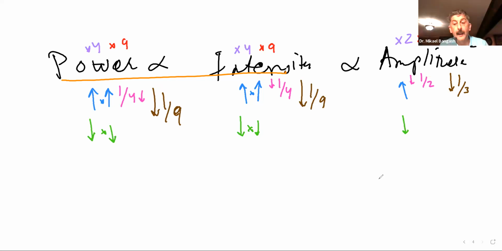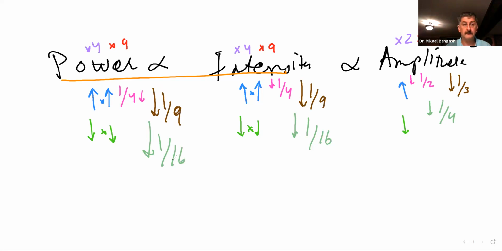Clear? And how do we get 1/9 here? Why do we get 1/9 here? It's just 1/3 being squared. We can go to another extreme and say 1/4, or reduced to 1/4, and this is going to be reduced to 1/16.